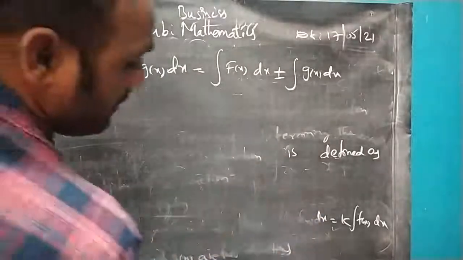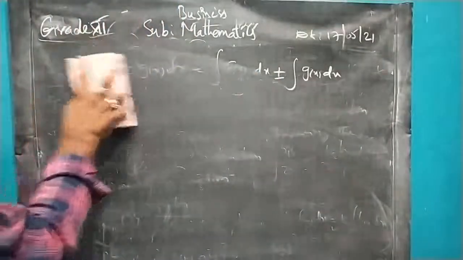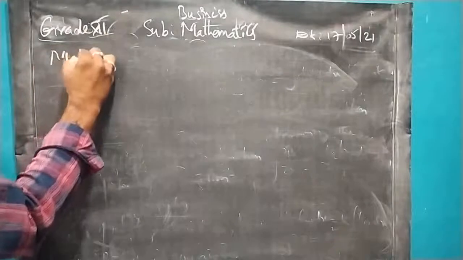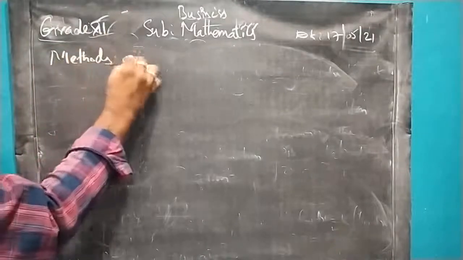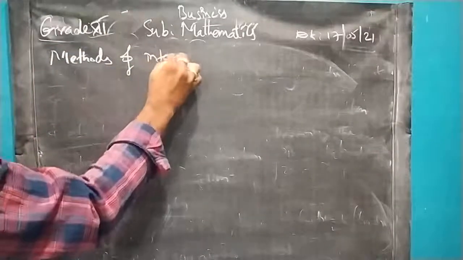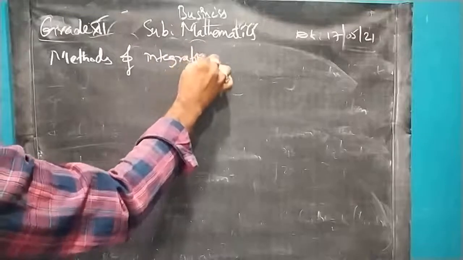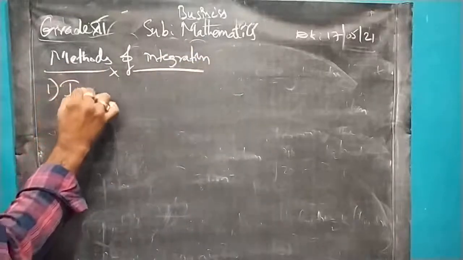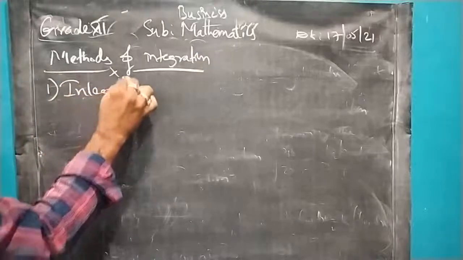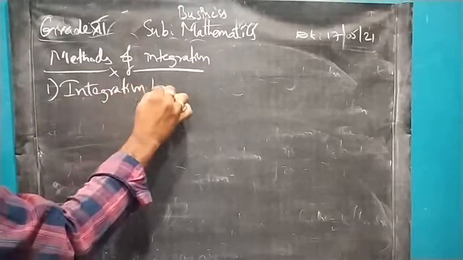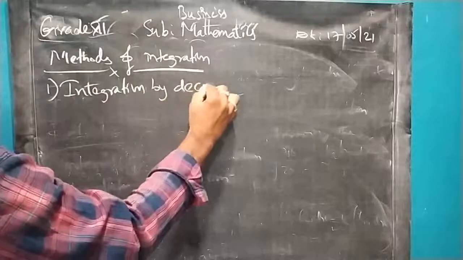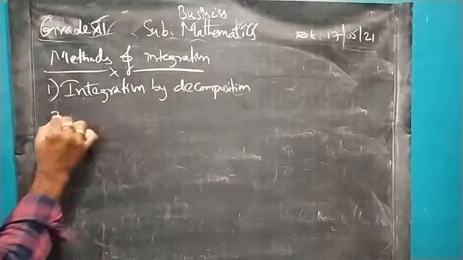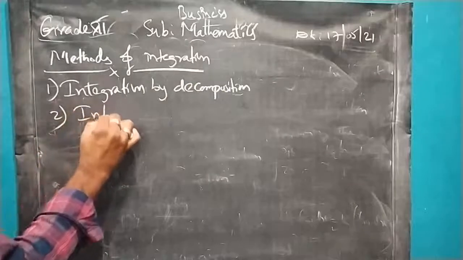So next we will see the methods of integration. We have totally 4 types of methods. The first method is integration by decomposition. Integration by parts.